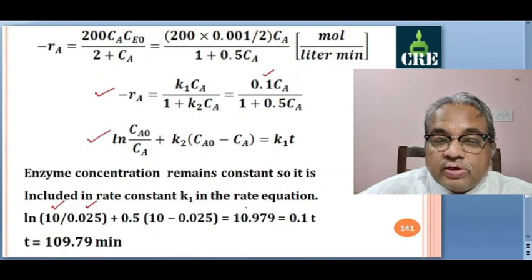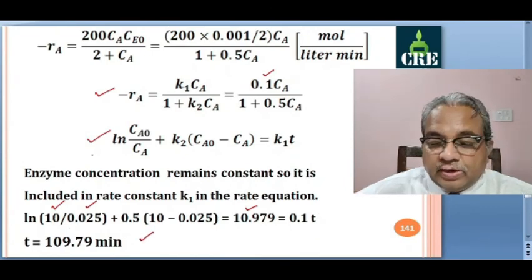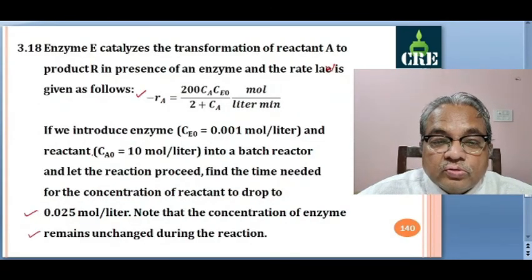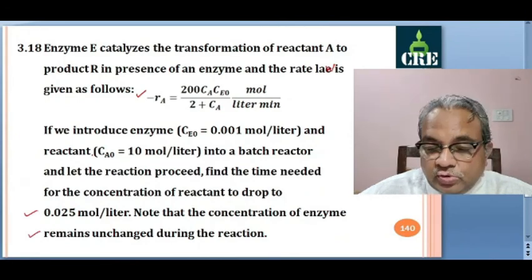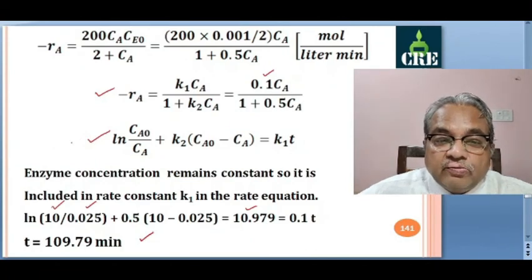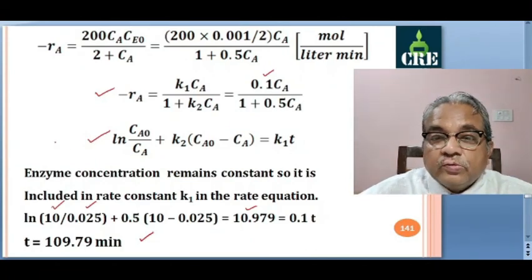If you solve this, we get 10.979, and that is equal to K1, which is known as 0.1, into T. So T will be equal to 109.79. So we have found the time needed for the concentration of the reactant to drop to 0.025 moles per liter from Ca0 equal to 10 moles per liter. So this integrated form of the rate equation we have directly used here.